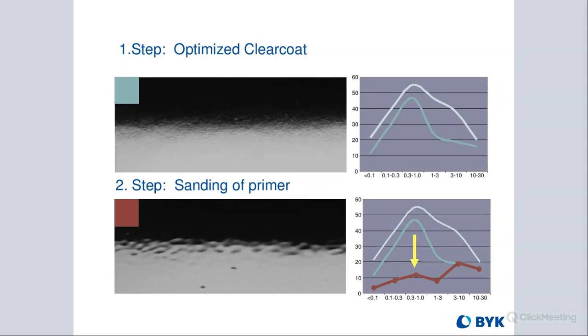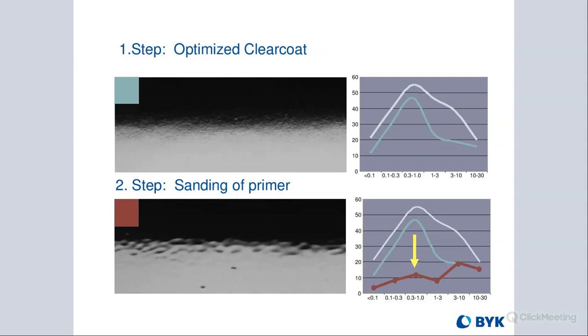So if we sand the primer, now we decrease all of that short wave or the roughness of the coating. And now all of our long wave is really dominant in the appearance of this part. So also this is not quite the look we're looking for.